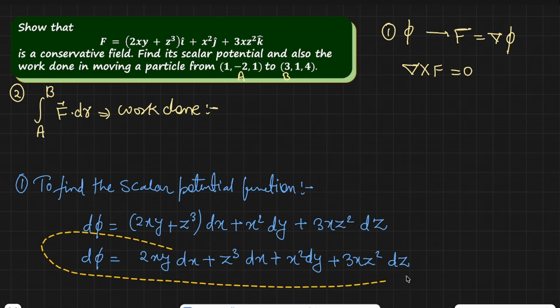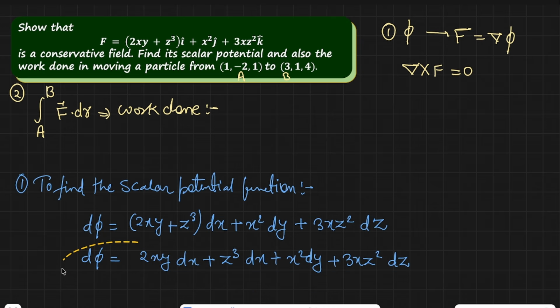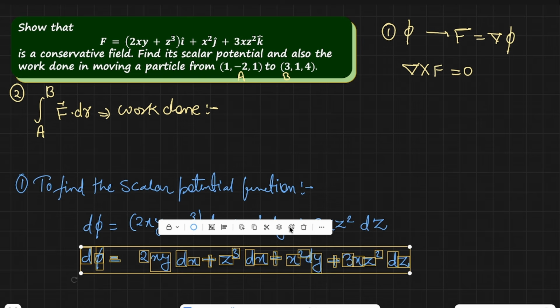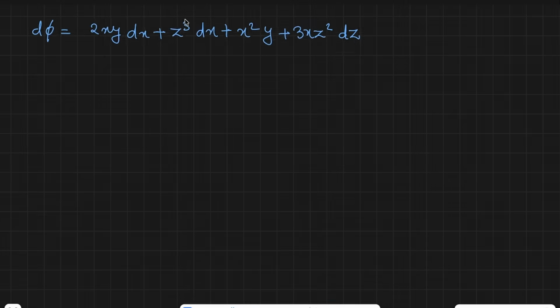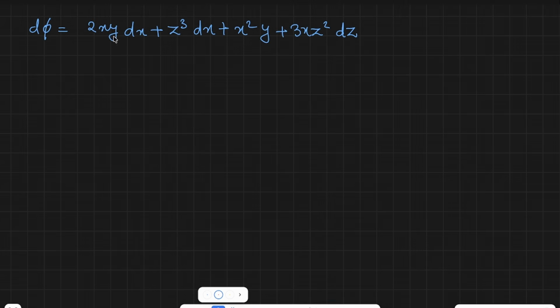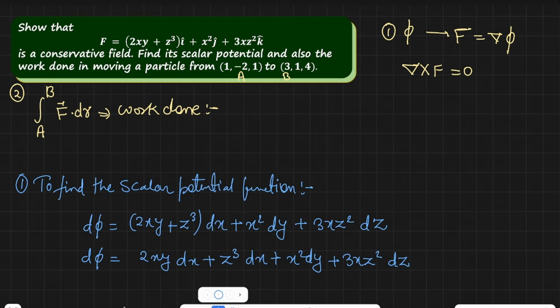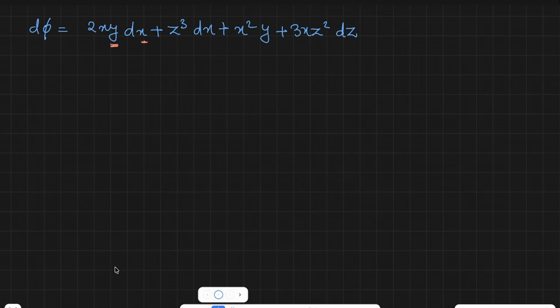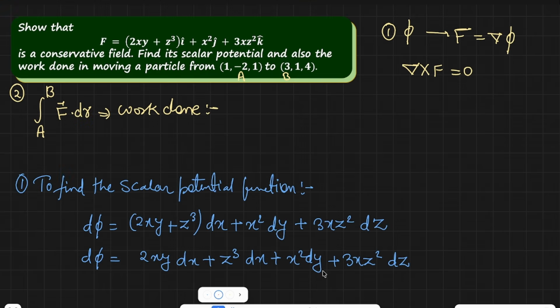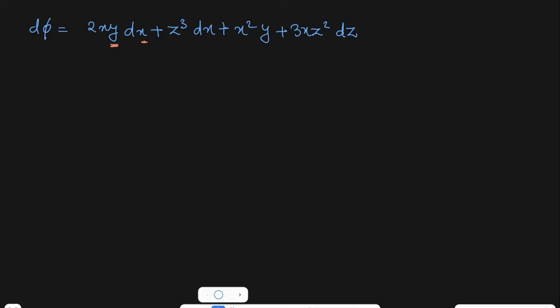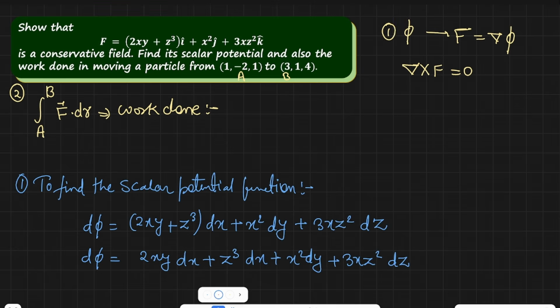Okay, now you see. Let me copy this and take it to the next page. Okay, see, this is your d phi. Now here, this is y with x. And of course there will be something. Okay, wait, I think it is x square dy. It is 2xy dx, yes, z cube dx, and next one is x square dy.